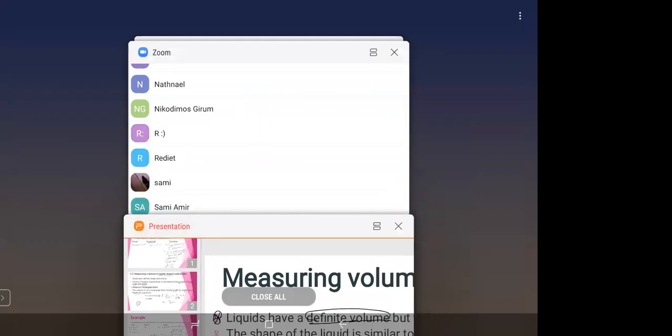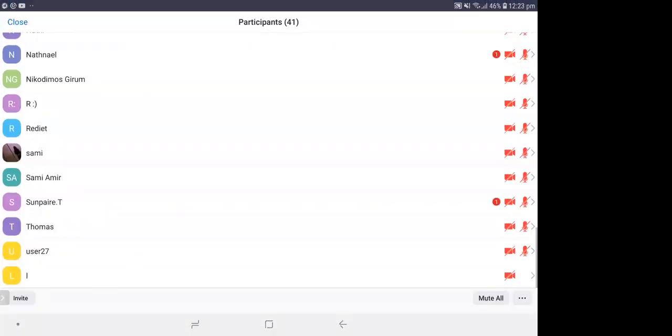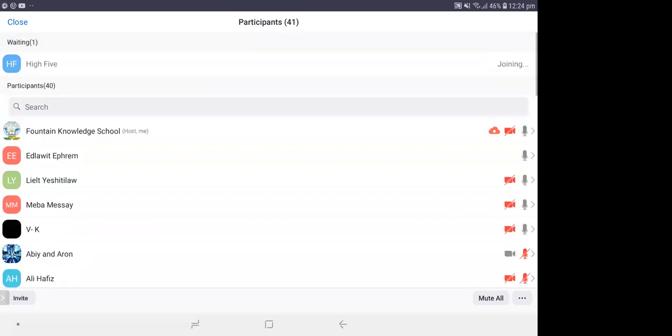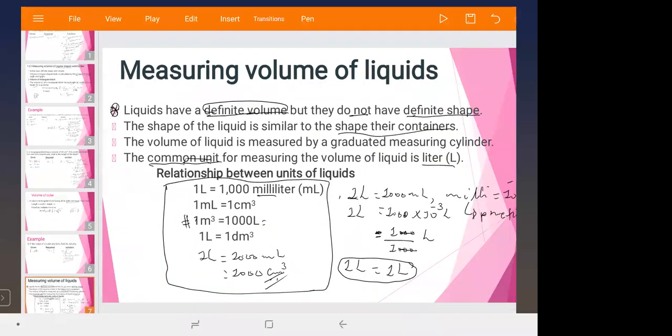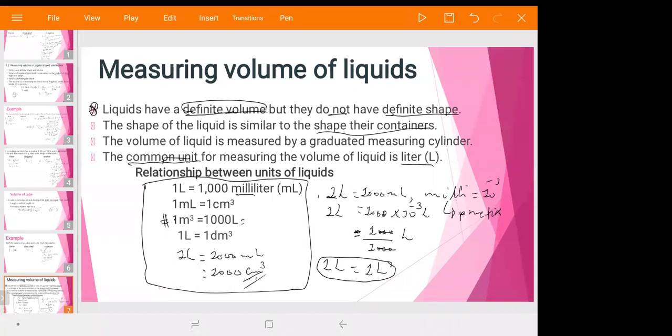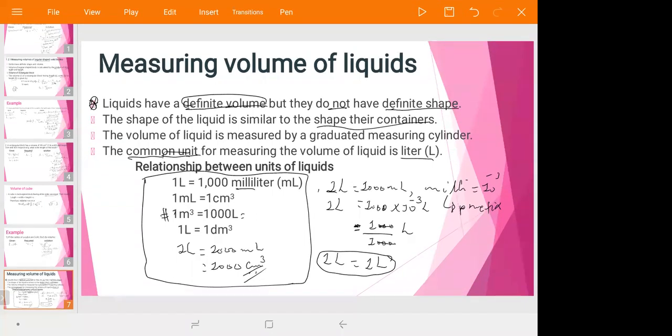This point is our summarization point for today. In our discussion today, we saw how we can change one unit of volume to another. We have seen, depending on the given relation, how to measure the volume of regular shaped bodies like the rectangular block and the cube.